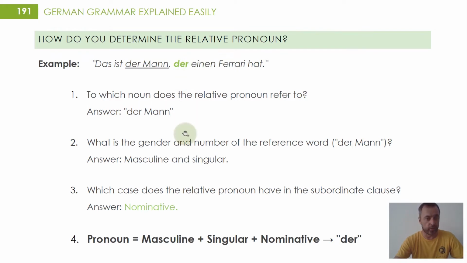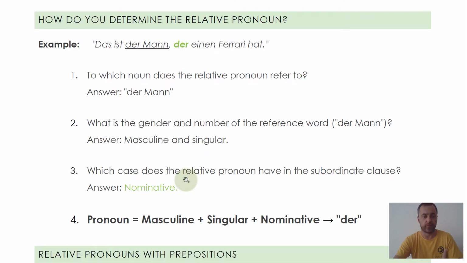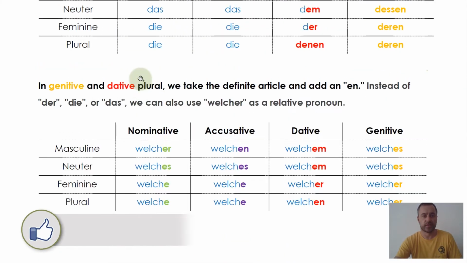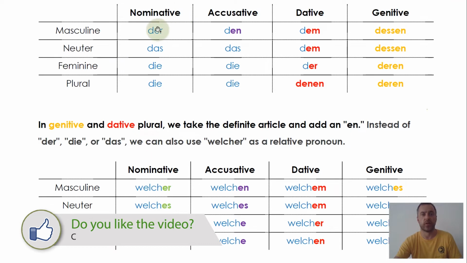Why is that nominative? I will come to that very shortly. Just bear with me. Here, we determined it's there because it's masculine, singular, and nominative. And keep in mind, we had here masculine, singular, nominative is there.